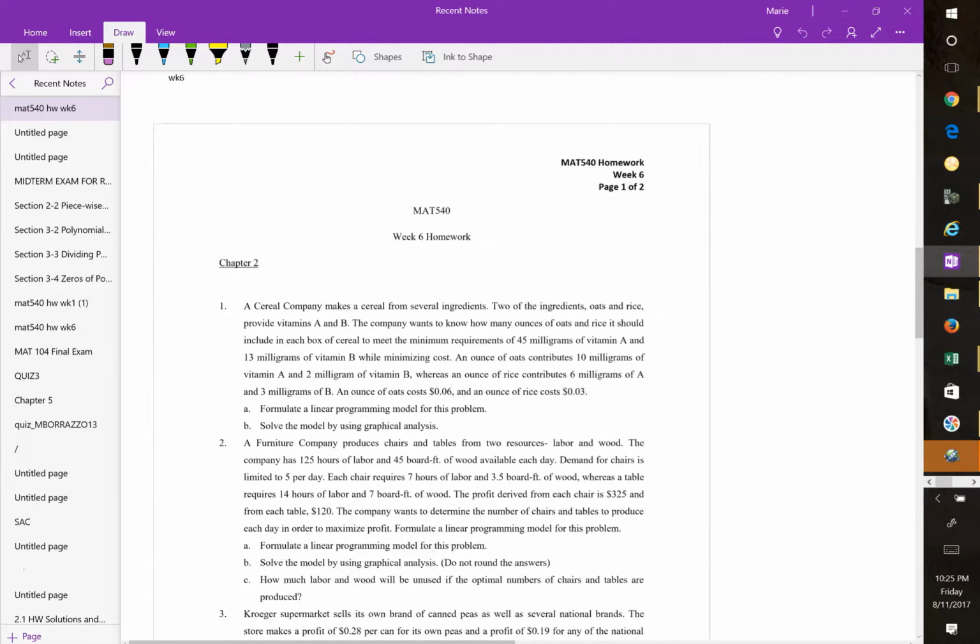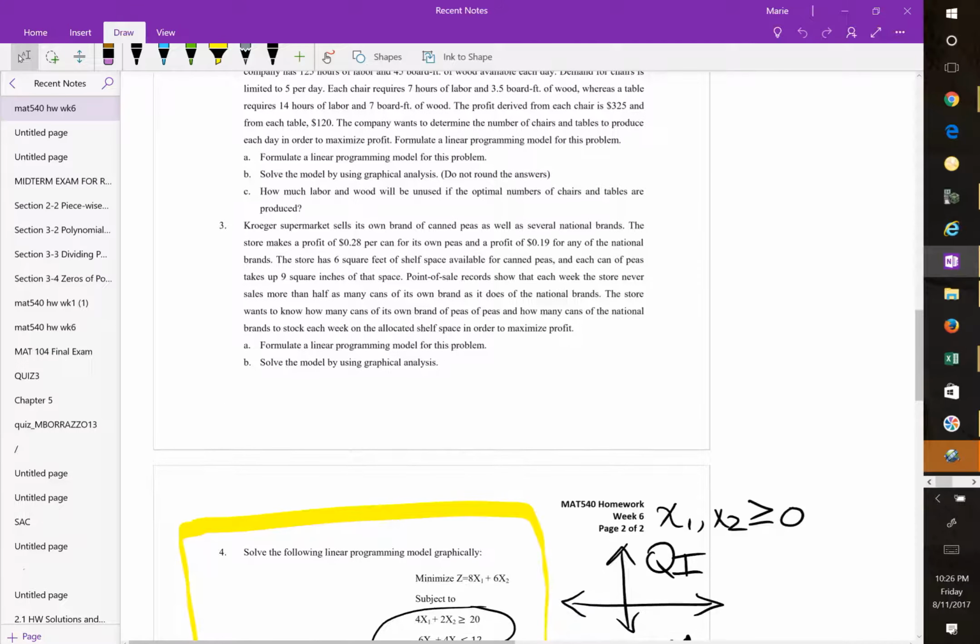And let me go back to this to highlight this for you. In this question, part of the question stem, let's see if I can underline that. Oh, maybe with my pen. Let's see here. We're looking at a profit of 28 cents for its own peas and a profit of 19 for the national brand. So right there, they're telling you that you have an X1, which is the Kroger's brand, right?